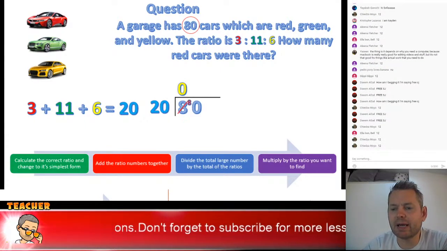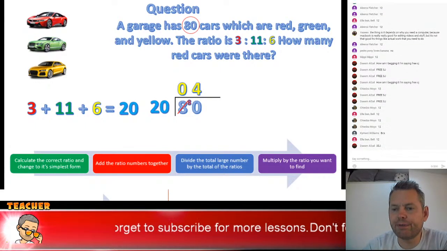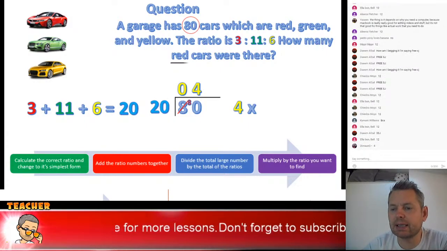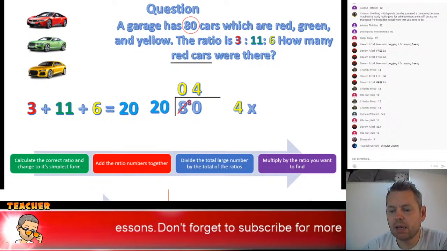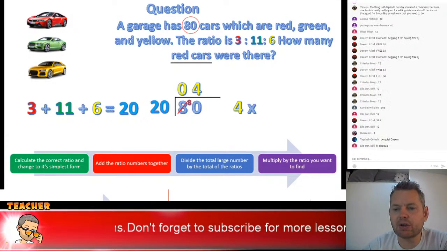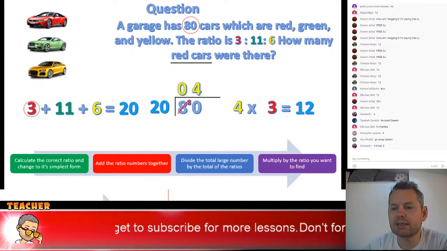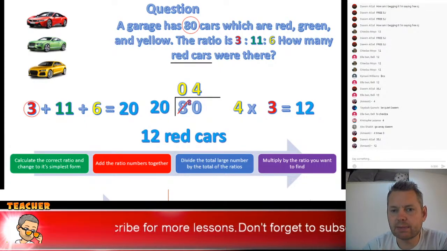Well, 80 divided by 20 is 4. We use the 4, which is our answer here, and we multiply that by the ratio of the item we're looking at. So in this case, it is red cars. So red cars are a ratio of 3. 4 times 3 gives us our answer of 12. There would be 12 red cars.